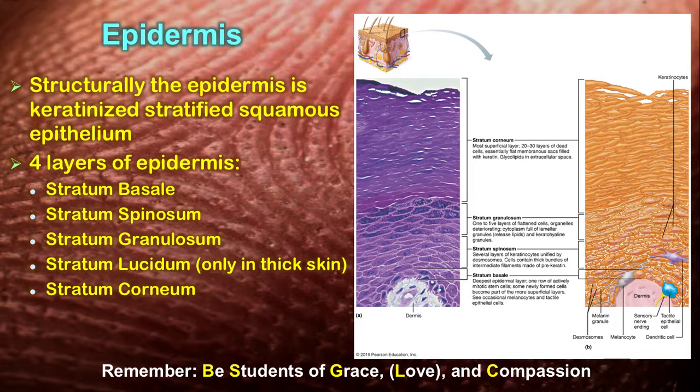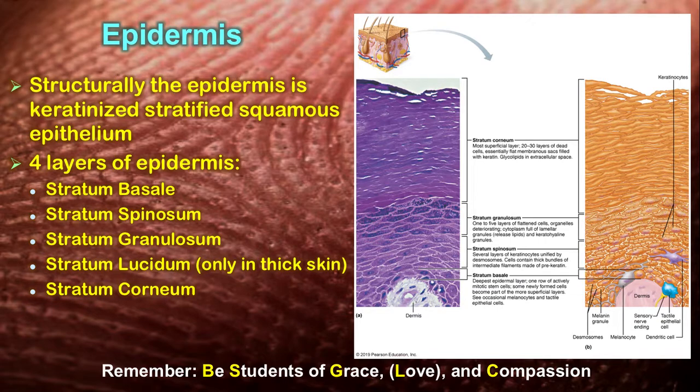So the epidermis is stratified squamous epithelium. So we've got many layers of these pancake cells. It is also keratinized. Keratin is a protein that adds sturdiness, so structure and protection, to these cells.